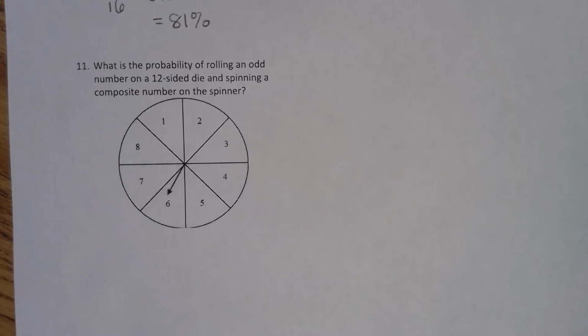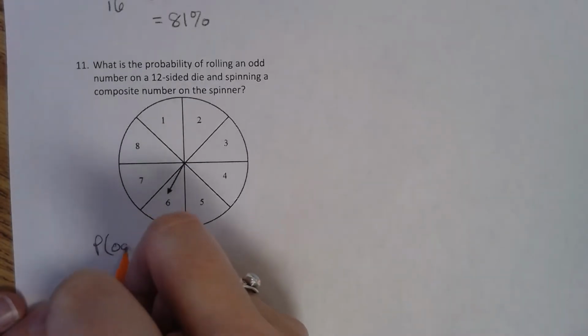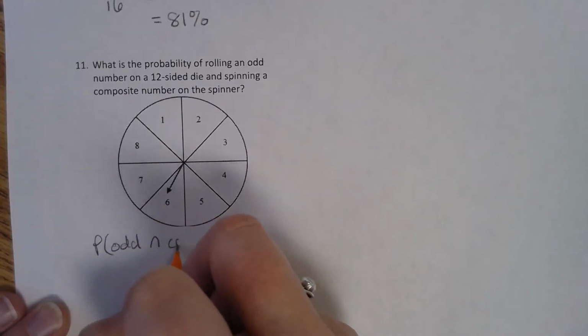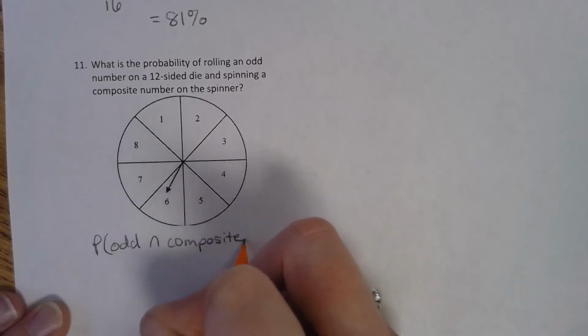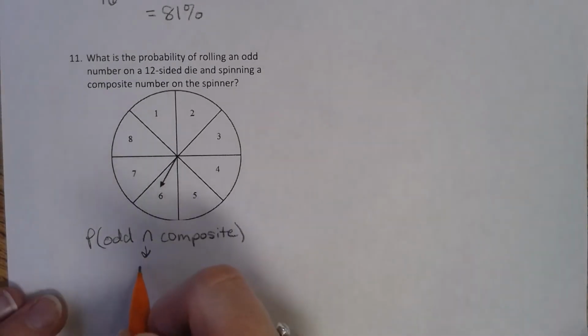Question number 11. What is the probability of rolling an odd number on a 12-sided die and spinning a composite number on the spinner? So we want probability of odd and composite. When it's an and, we're going to multiply.